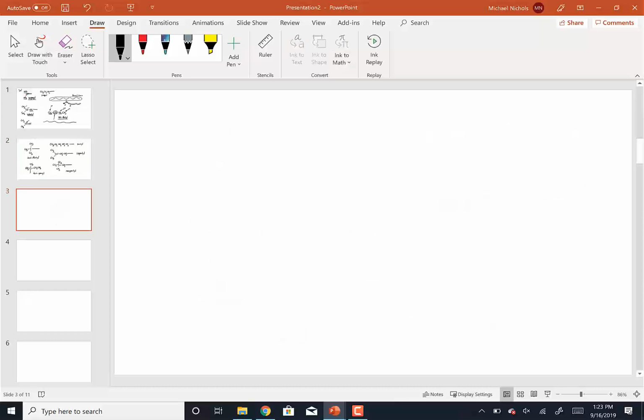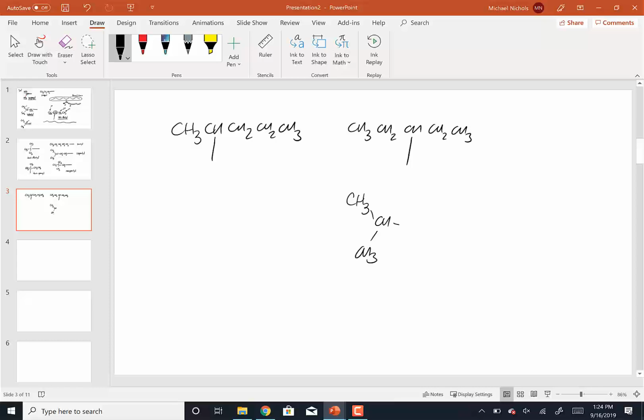Now I could say, why don't you write an arrangement of 5 carbon atoms where the attachment point is secondary? There's one. There's one. There's one.